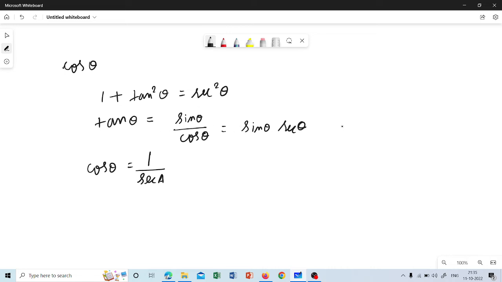This is left as a task, you can do it, but it is a little foolish to do it like this. So I can directly write the result as cos in terms of sec. So cos of A is equal to 1 by secant of A. You may have been confused about why I use theta and A interchangeably; I feel comfortable using theta instead of A, so I am using theta here.